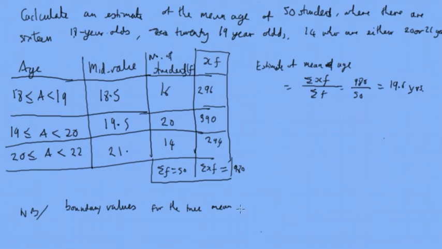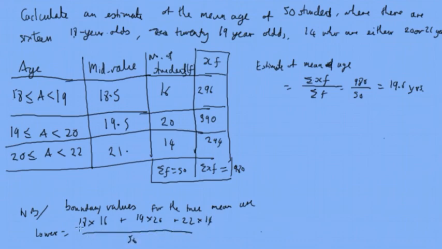With the lower boundary, it is 18 times 16 plus, so 18 is the lowest age, 16 is the frequency of students in that range, plus 19 times 20 plus 22 times 16 all over the 50 students.